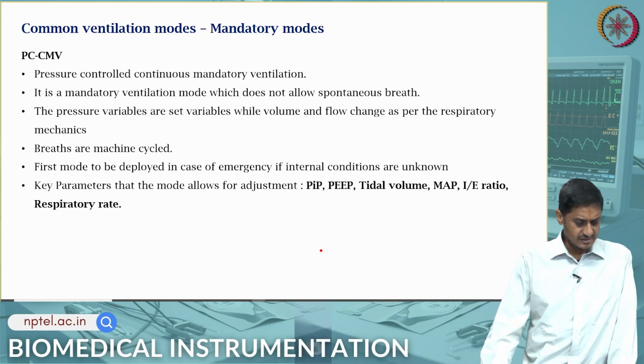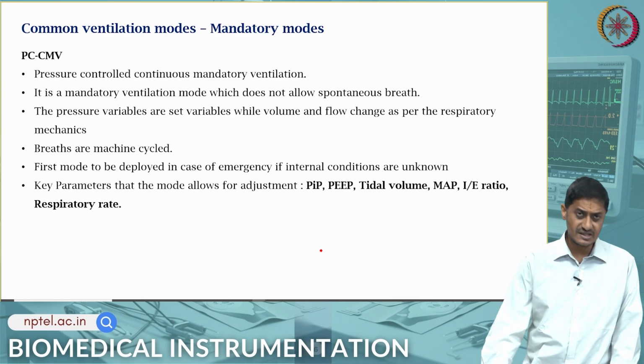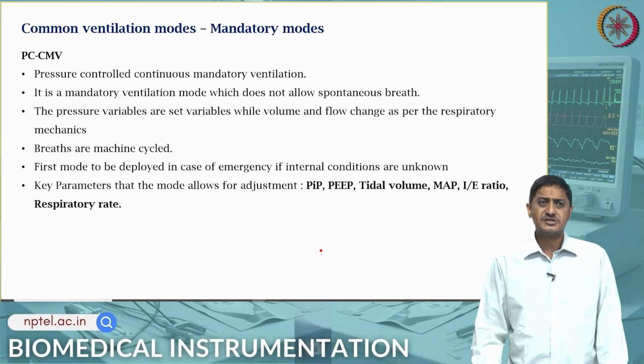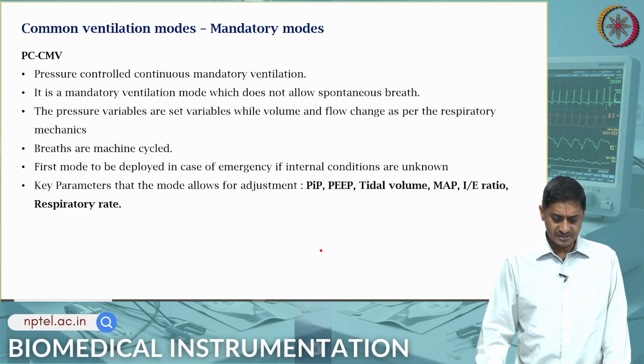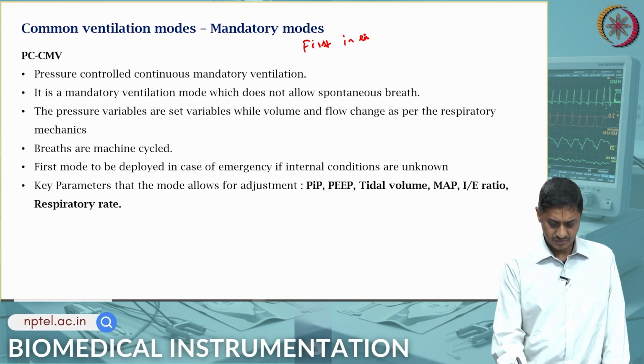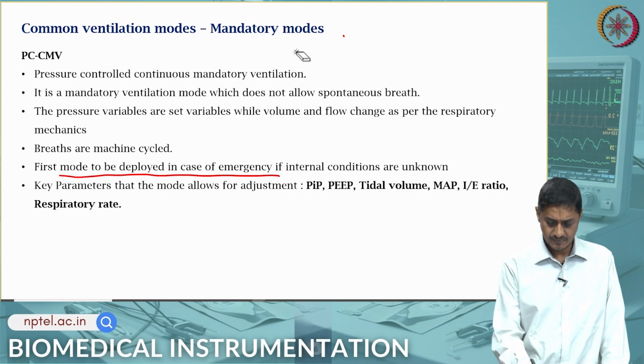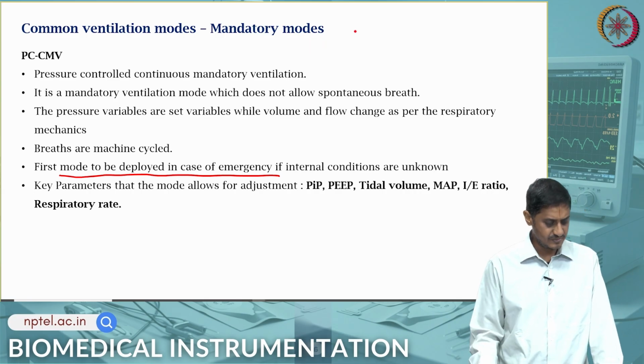One method is, for example, PCCMV, the pressure controlled continuous mandatory ventilation. This is the first in emergency mode, the first mode to be deployed in the case of emergency.